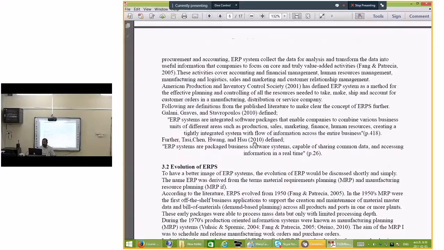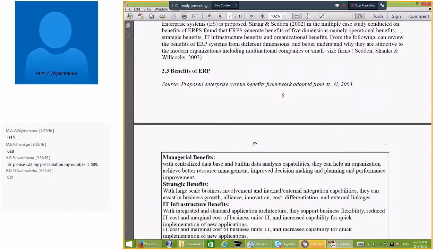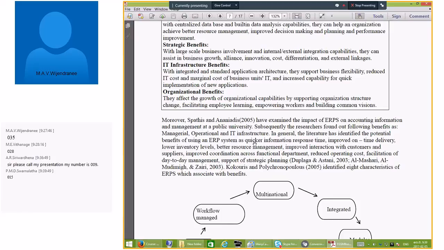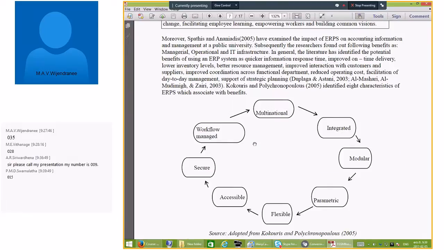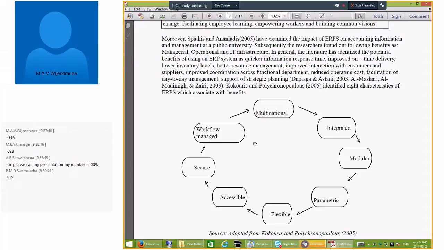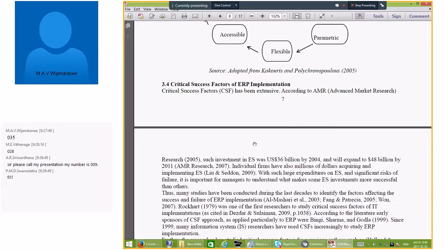Okay, what is the methodology? I have selected case description analysis because it's a qualitative research. Then, by semi-structured interviews and document search, I have collected data.